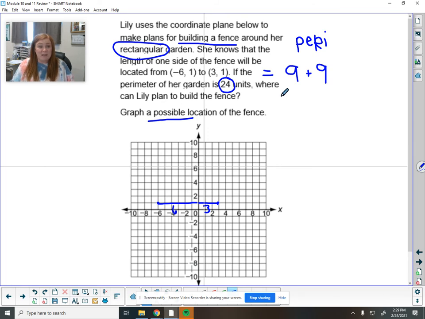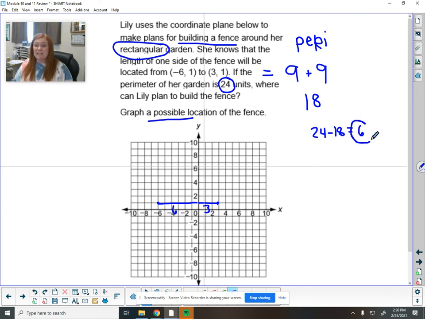So let's see how much we have left. 9 plus 9 is 18, and her total is 24. We're already at 18. How much is left to get from 18 to 24? So 24 minus 18 is 6.